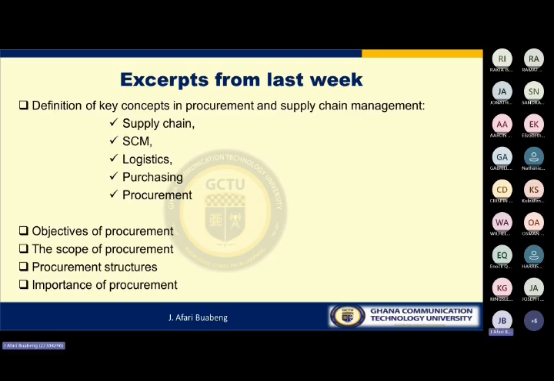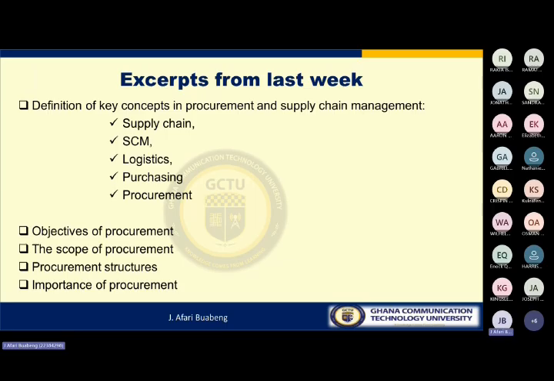So once you see this happening in the organization, then we can say that the organization is having what we call a centralized procurement structure. And then the decentralized procurement structure is where the various departments, branches, or units are given some autonomy to undertake their own procurement activity by way of giving some budgetary allocation.